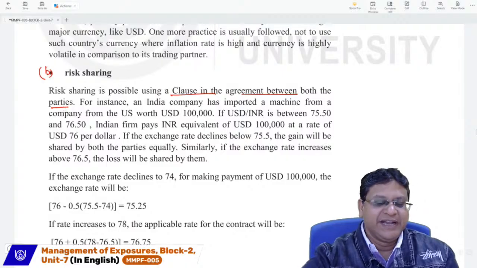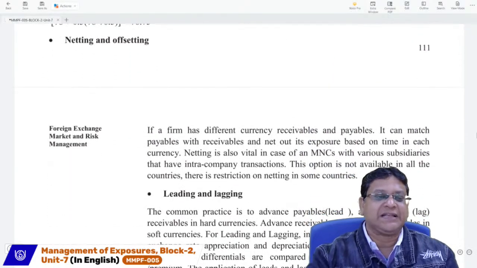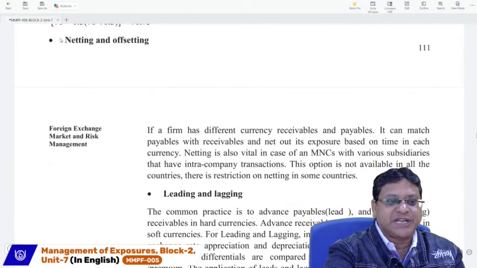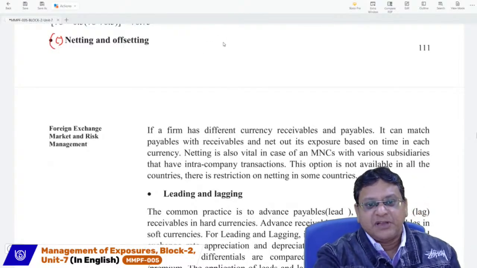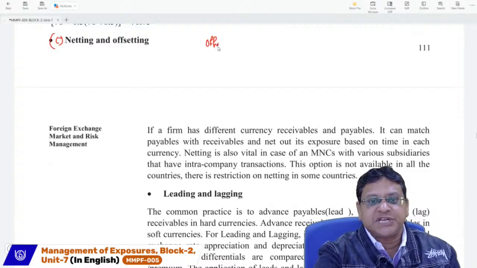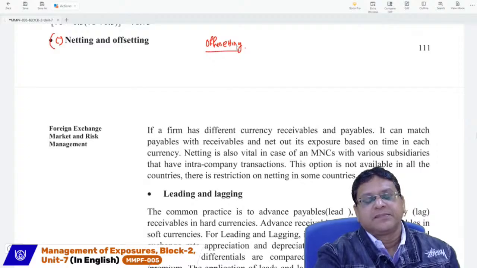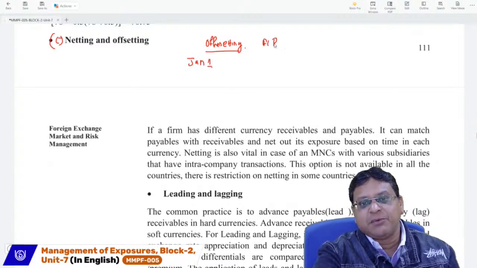Next one is netting and offsetting. What is netting and offsetting? First, offsetting. So on January 1, you have foreign currency receivable and you have foreign currency payable.